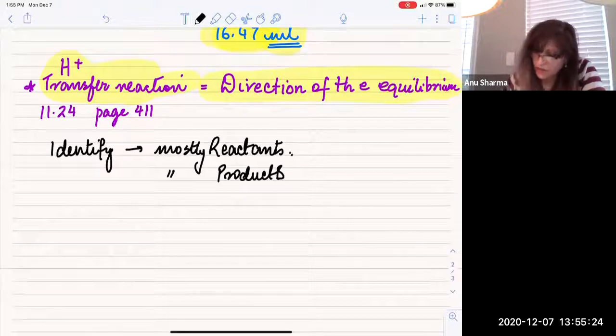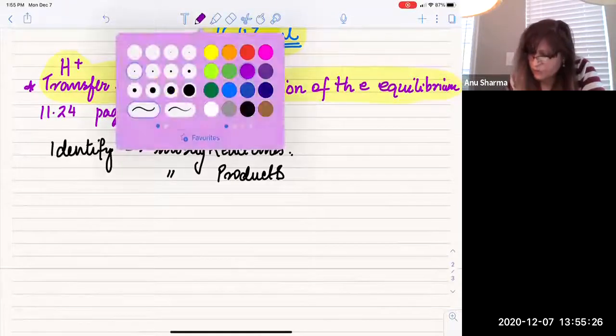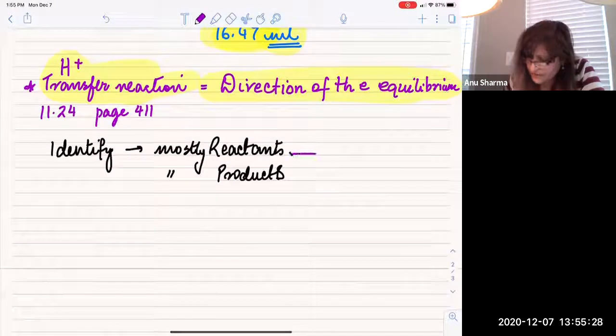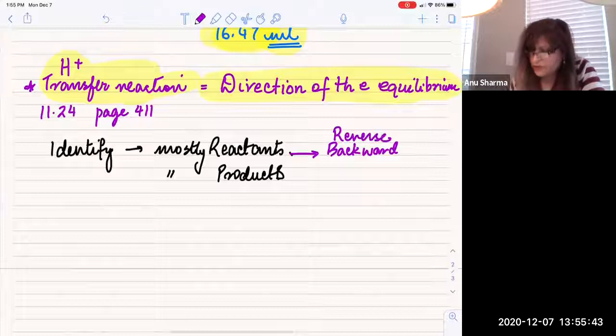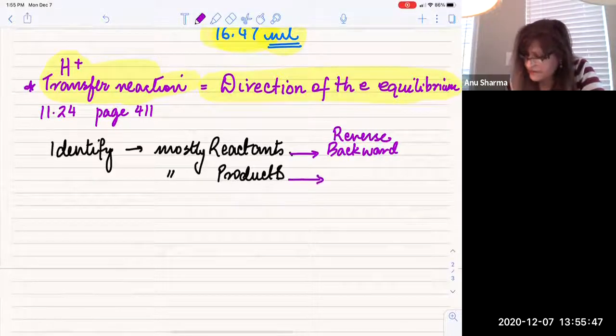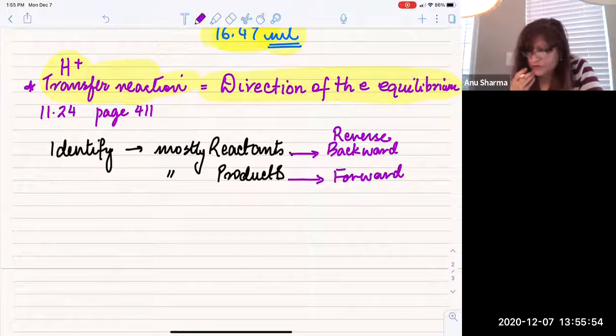So what they are saying is, if there are mostly reactants, that means the reaction is moving backwards, or the reaction is reverse. On the other hand, if they are mostly products, that means the reaction is moving forward.